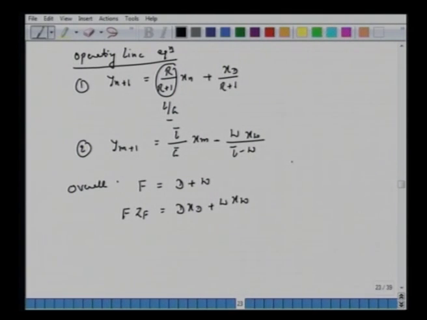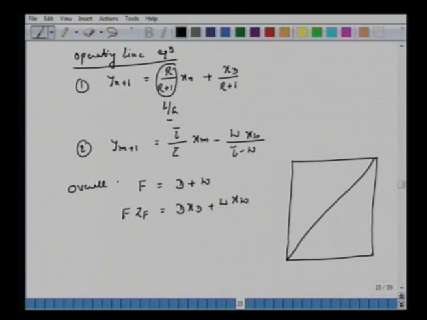So we have this McCabe-Thiele method, where this is xt and this is xw. We draw this operating line, we have another operating line here, and wherever they intersect at xf we have the q line.